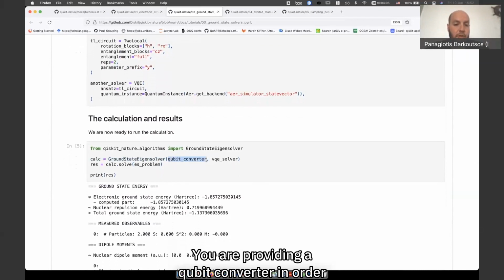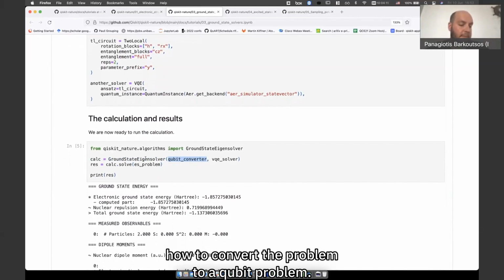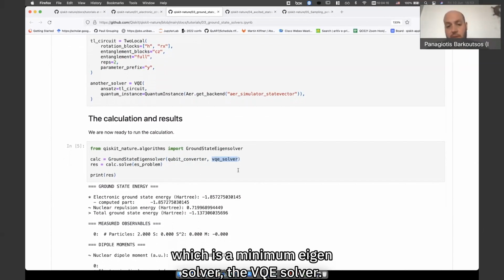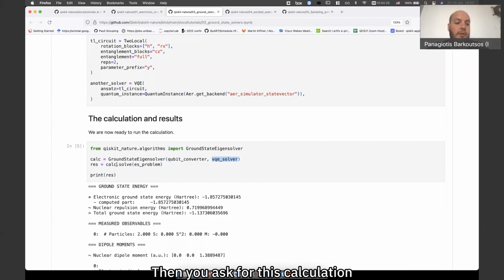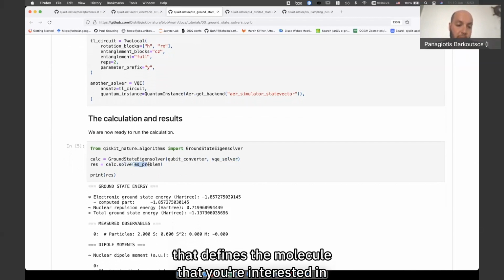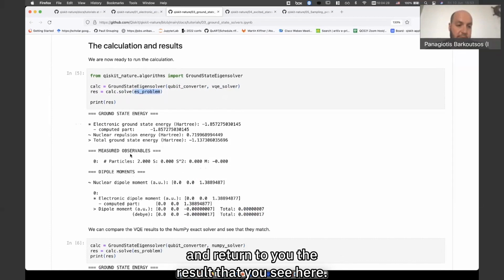You're providing a qubit converter so that the ground state eigensolver knows how to map and convert the problem to a qubit problem, and you're providing a solver, which is a minimum eigensolver, the VQE solver. Then you ask the ground state eigensolver to solve the problem that defines the molecule you are interested in and return to you the result that you see here.